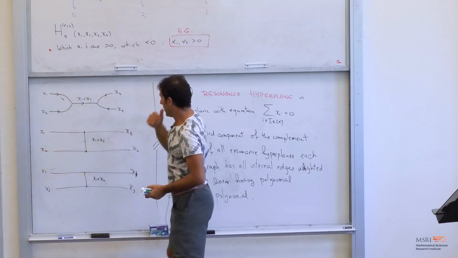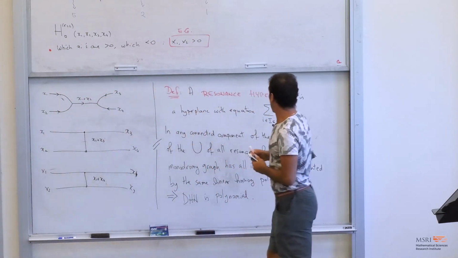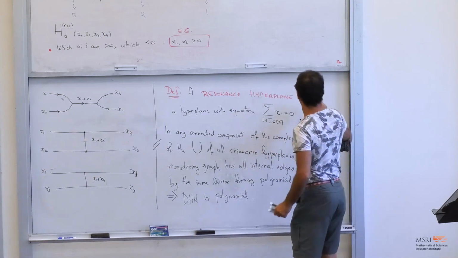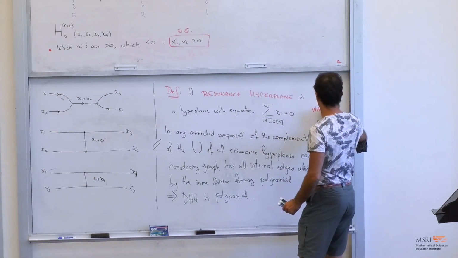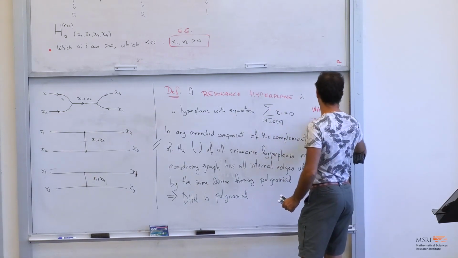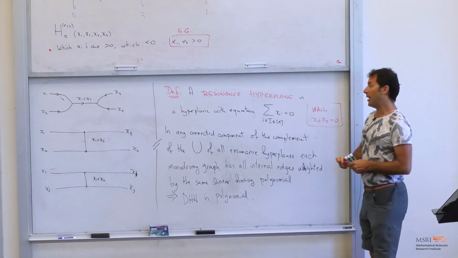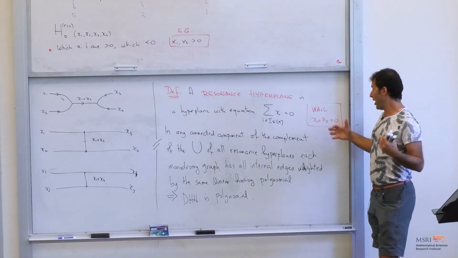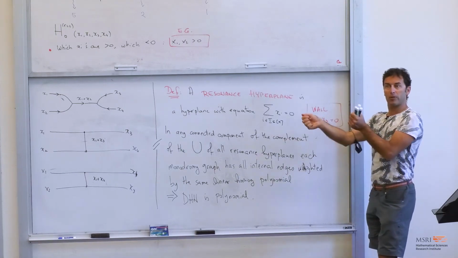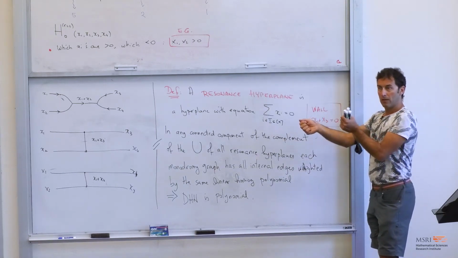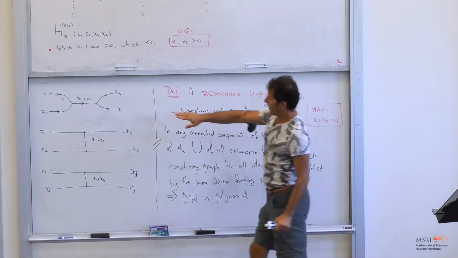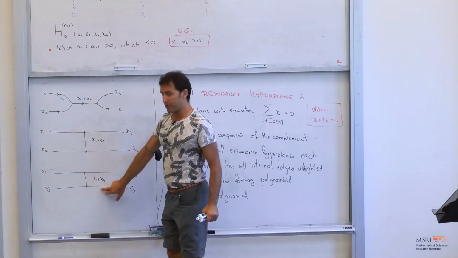So for example, if I want to look at the wall x1 plus x3 equals 0, and ask how the Hurwitz number changes when you go from one side of this wall to the other side, well, this tree and this tree are unaffected.